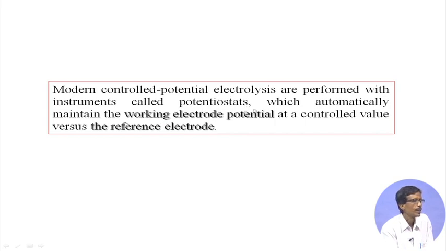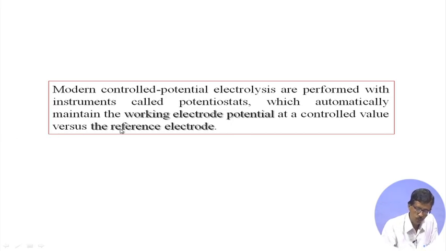That means you have fixed potential values, or controlled potential values, which automatically maintain the corresponding working electrode potential at a controlled value versus the reference electrode. So, these potentiostats are responsible for giving you a working electrode potential. We maintain a particular working electrode potential at a constant value versus the reference electrode.